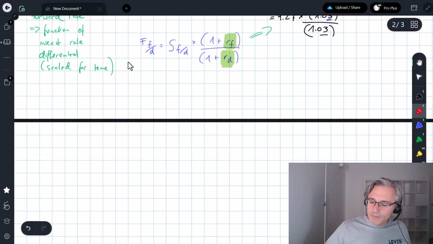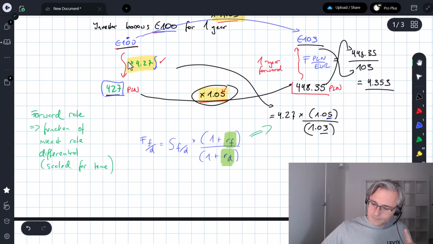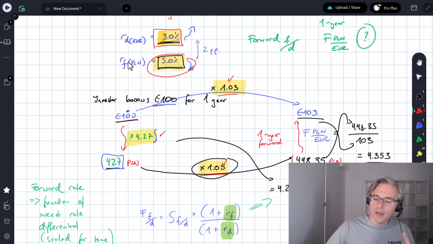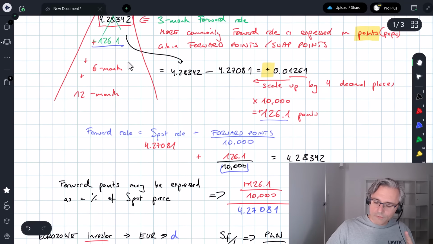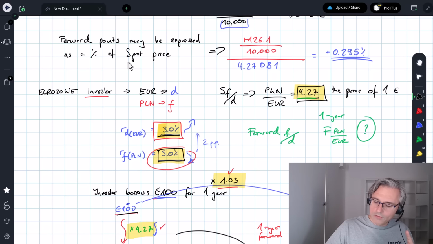Now, an important thing here is the conclusion that, remember, in my case, Poland had the higher interest rate. The euro had the lower interest rate. And what we started off with was a spot rate. This was the price of 1 euro expressed in Polish zloty.